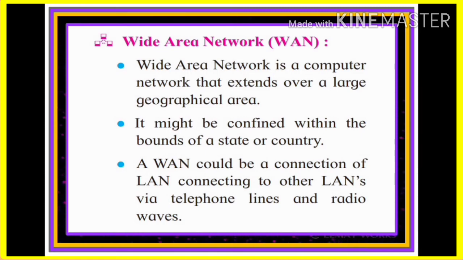A WAN could be a connection of LANs connecting to other LANs via telephone lines and radio waves. So, wide area network is used to connect one state to another state or one country to another country. Wide area network may contain different LANs and MANs.